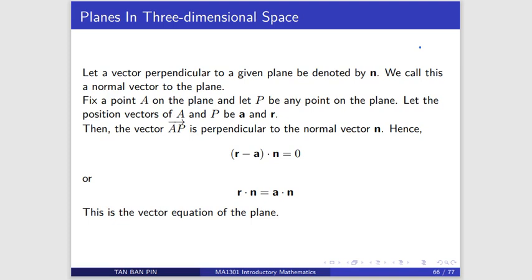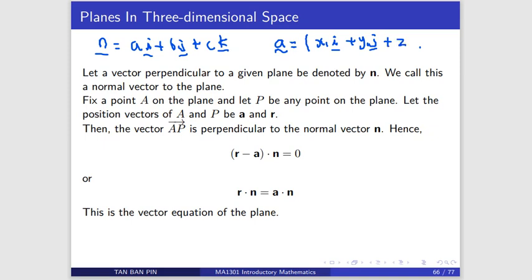n is a normal vector. So let's say n is equal to ai plus bj plus ck. And a is a vector, so we let it be the vector with x component x1 i, y component y1 j, then z component z1 k.